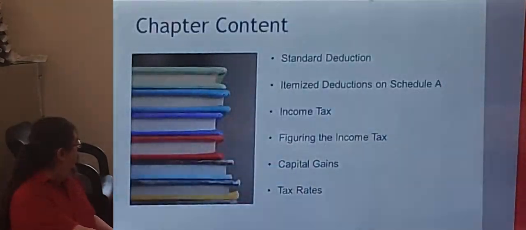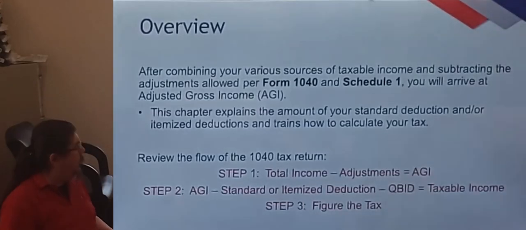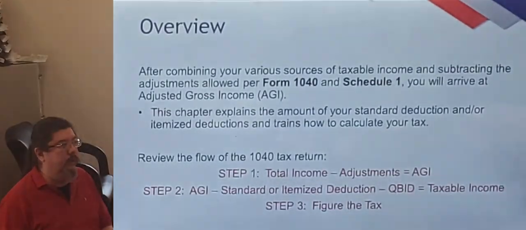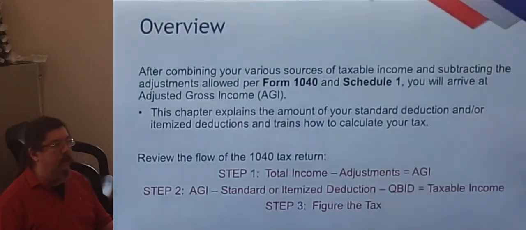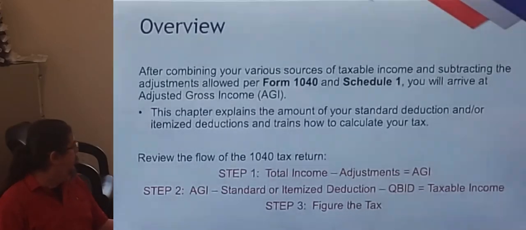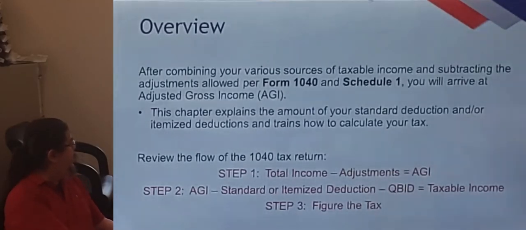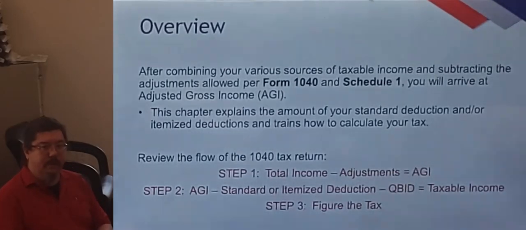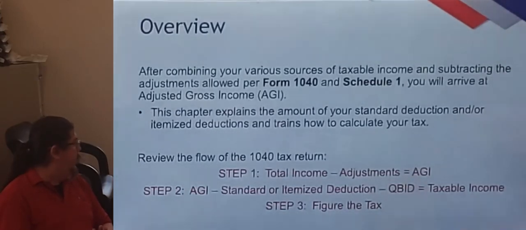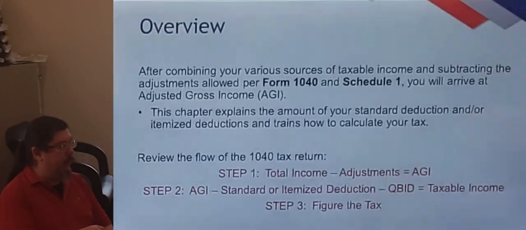So remember the flow of the tax return. First, you add up all of your income to get your total income. Then you subtract your adjustments to get your adjusted gross income. Then you get to subtract your standard or itemized deductions. And then you also subtract something called your QBID, or qualified business income deduction.